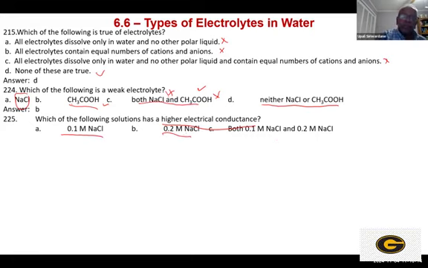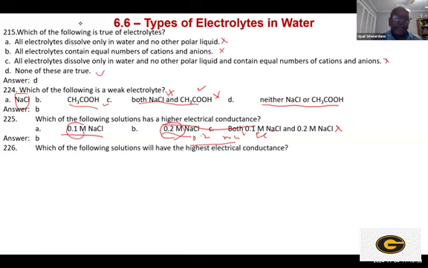Both have higher, but when you have a 0.2 molar solution, it contains more sodium chloride. Therefore, B should be the answer. Both is not correct. B is the correct answer. Higher the molarity, more sodium ions and chloride ions compared to 1 molar.